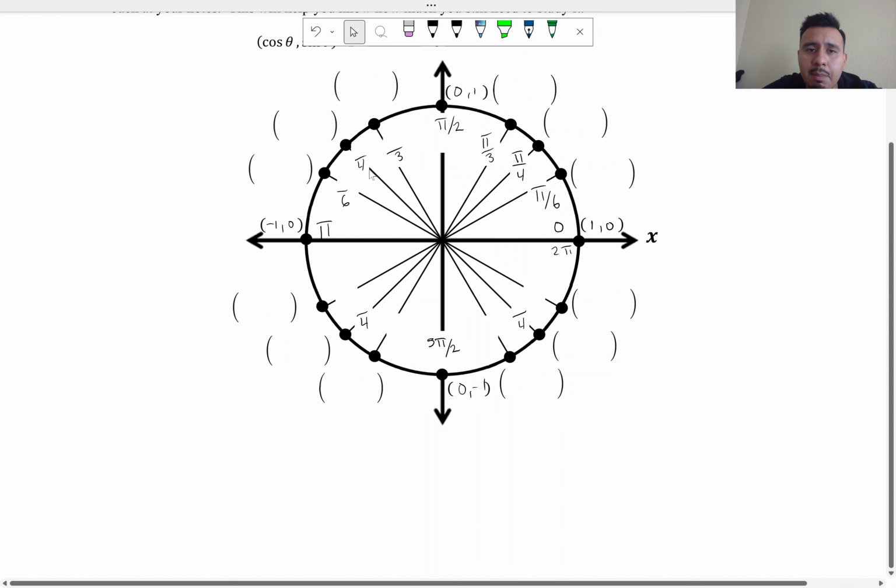And you want to follow the same pattern. The line closest to the pi line, or the 0 line, whatever you want to call it, or the x-axis, is a 6. This is also going to be a 6 then.